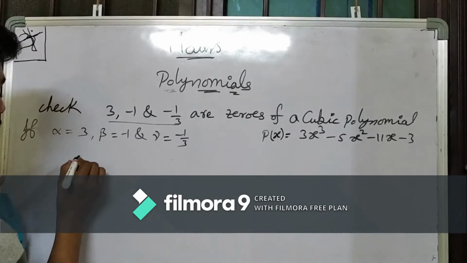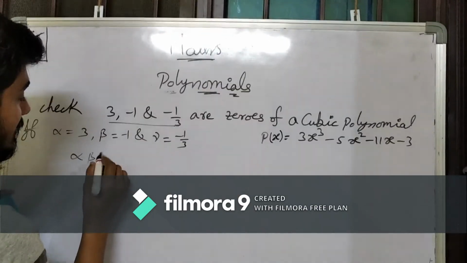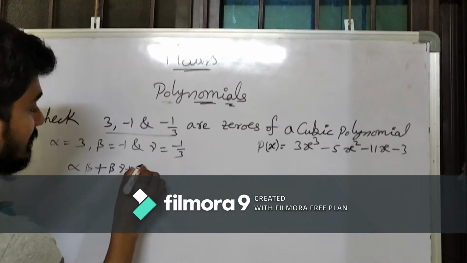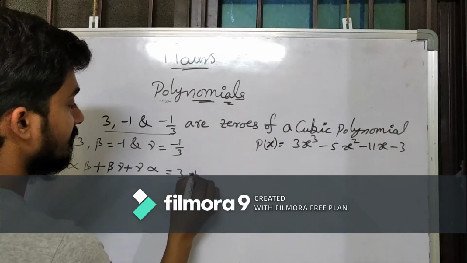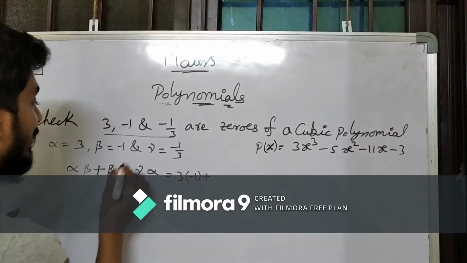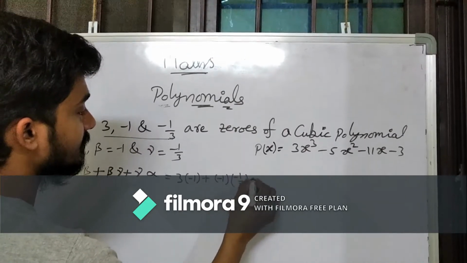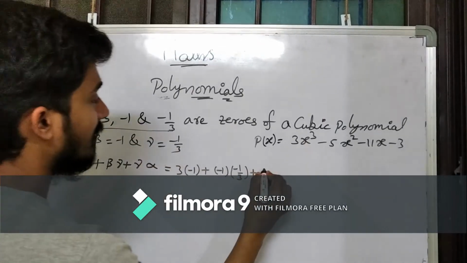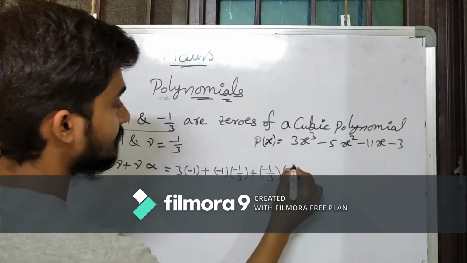Sum of the product of the zeros: alpha beta plus beta gamma plus gamma alpha equals. Alpha beta means 3 into minus 1, plus beta gamma means minus 1 into minus 1 by 3, plus gamma alpha means minus 1 by 3 into alpha, which is 3.